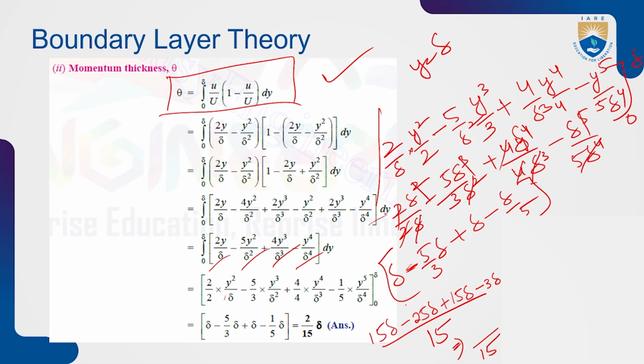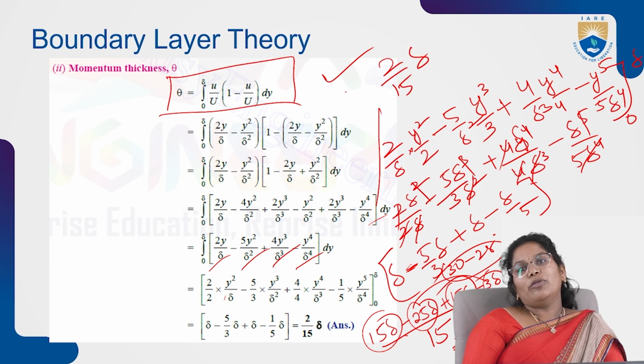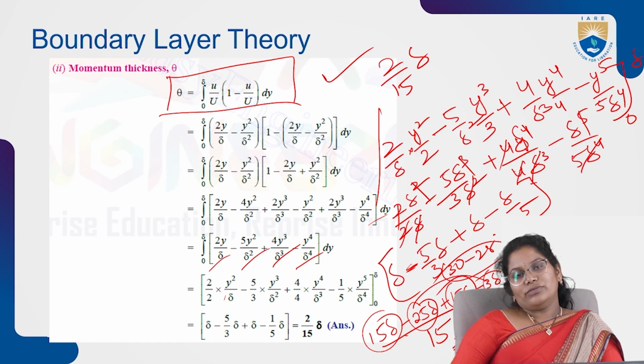This will become 30 minus 28. 30 minus 28 is 2, delta. What is the value for momentum thickness? It is 2 by 15 delta. This is the momentum thickness for the equation. Right?